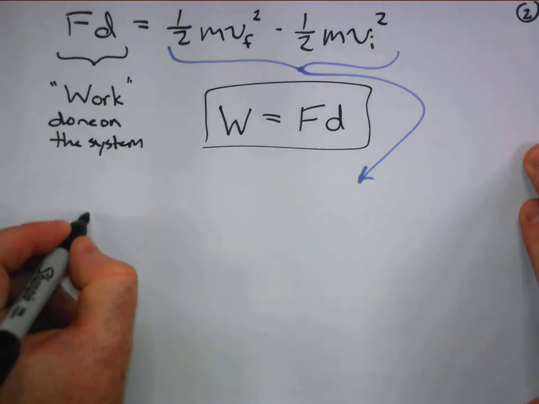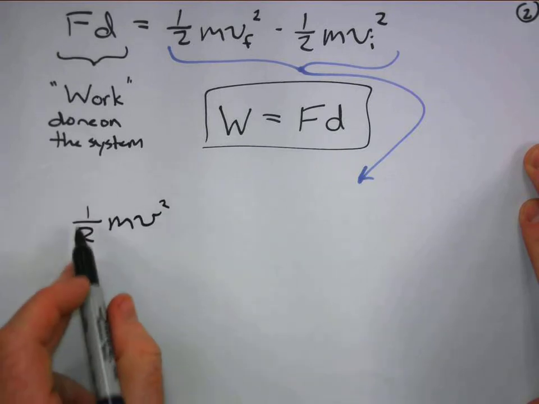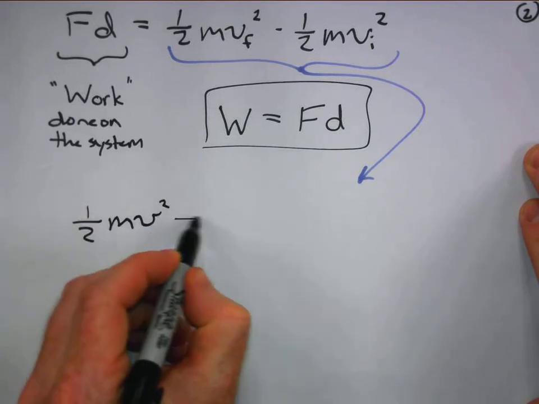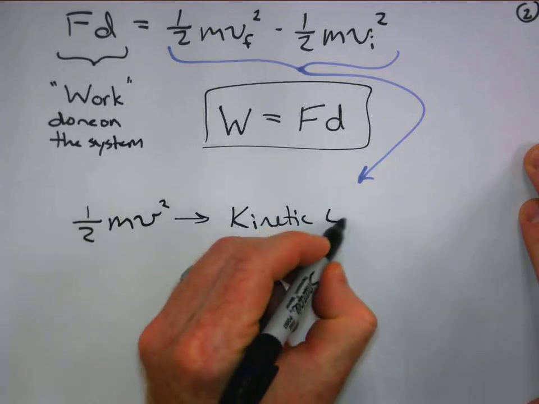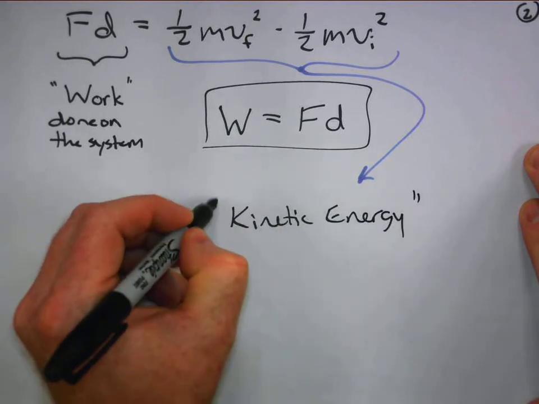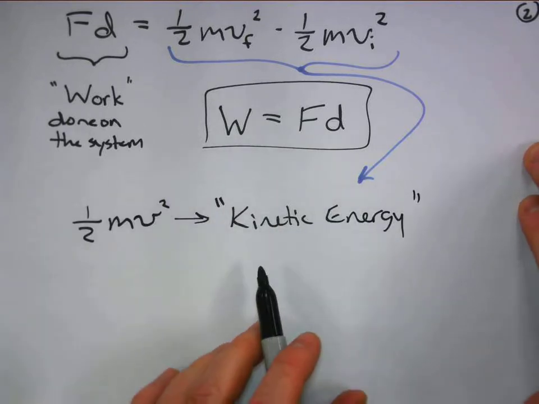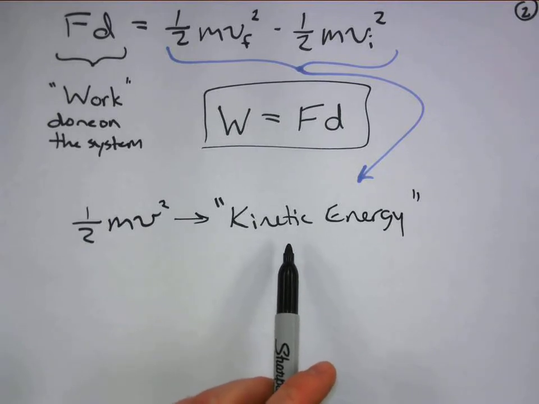So down here, I just want to look at it very generally. This idea of 1/2 mv squared. It represents something called kinetic energy. Now, there are many forms of energy. Kinetic energy is essentially the energy of motion.